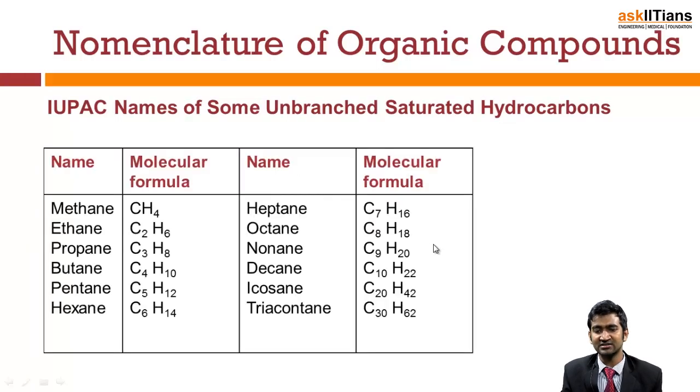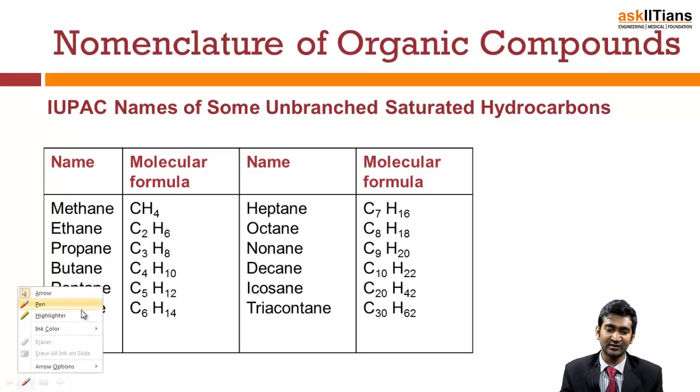These are the unbranched ones, the common ones which I have written: methane, ethane, propane, butane, pentane, hexane, heptane, octane, nonane, decane, icosane, the 20th one, triacontane, that is carbon 30. This property of carbon, that such a large number of carbon atoms are attached, is known as catenation, guys.